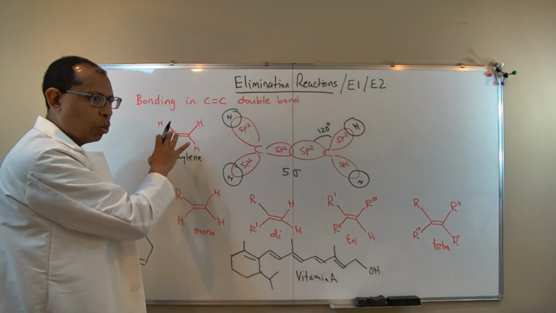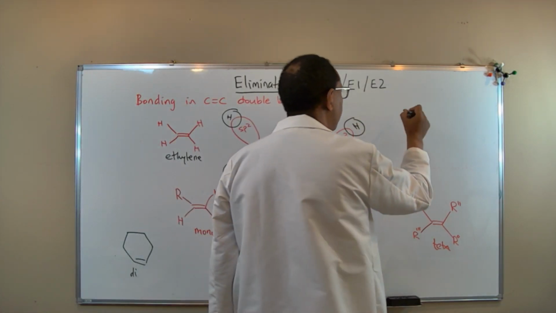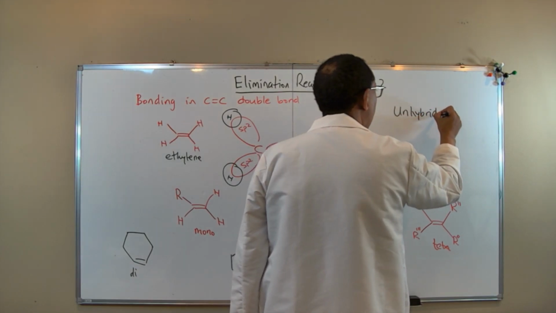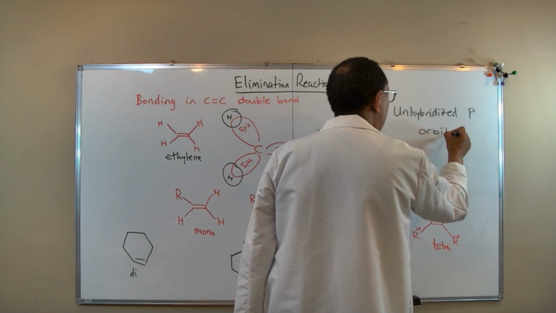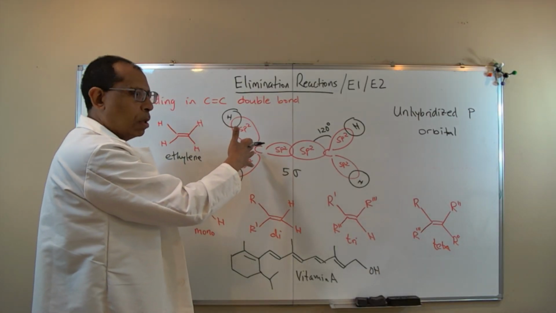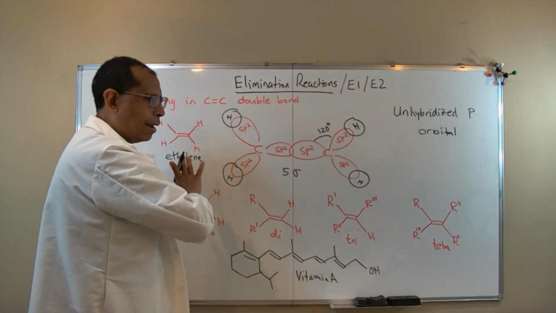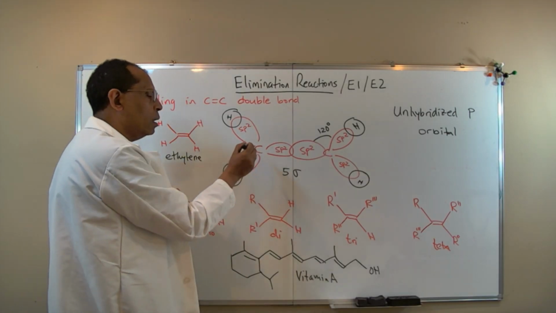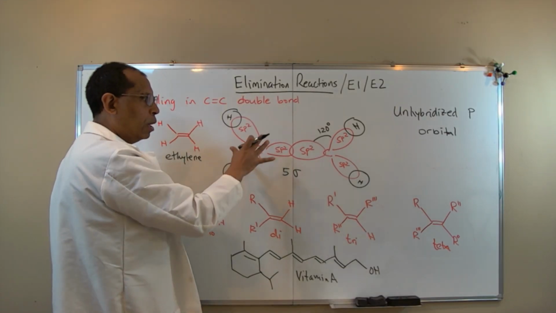But don't forget, there is 1 pi bond that's formed from unhybridized p orbital, that is perfectly at 90 degrees to the plane of the board. If you just take the sp2 orbitals lying flat on the whiteboard, the p orbitals would be up and down on the plane of the board.